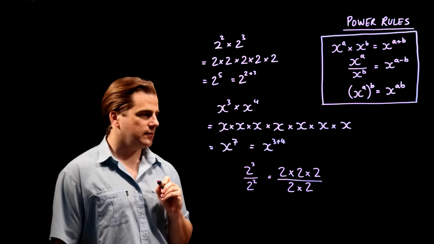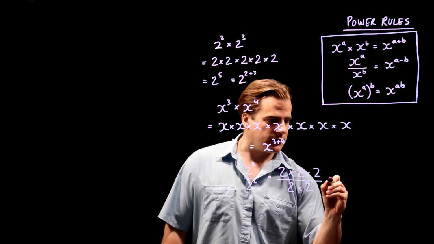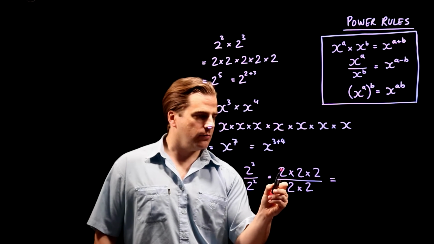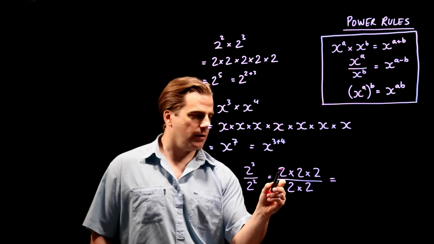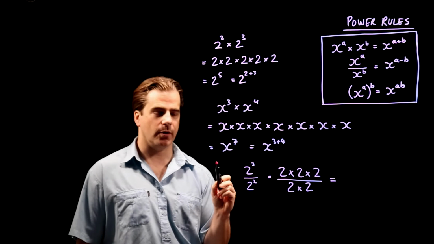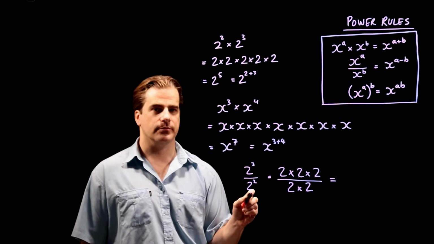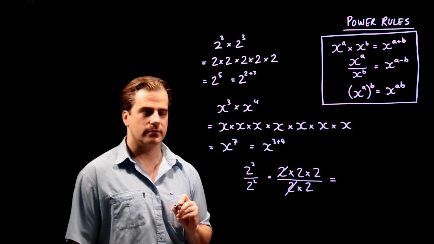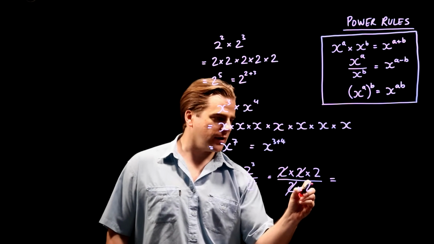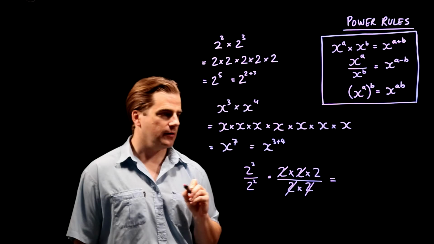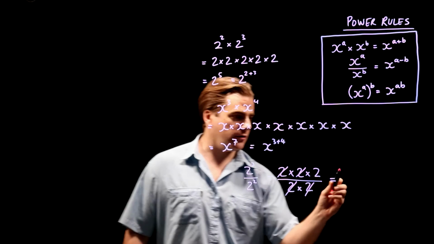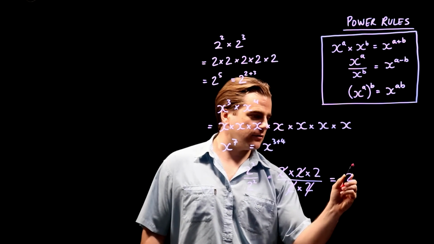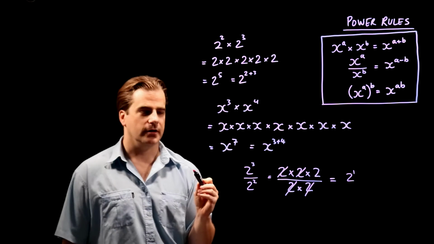Okay? Now, that's equal to, when you have a number on the top and the same one on the bottom, you can cancel them. So that 2 cancels with that one, and that 2 cancels with that one. So we're just left with 2, which is actually 2 to the power of 1.